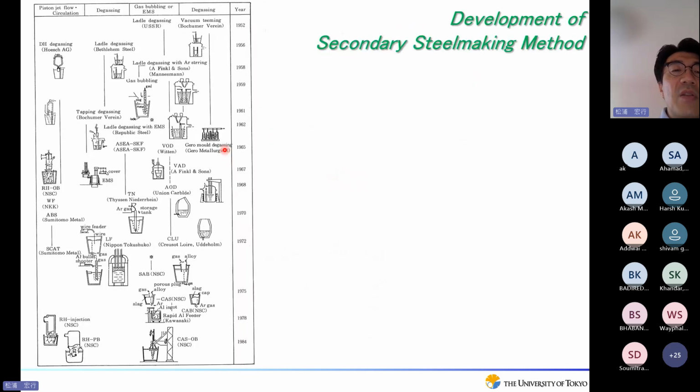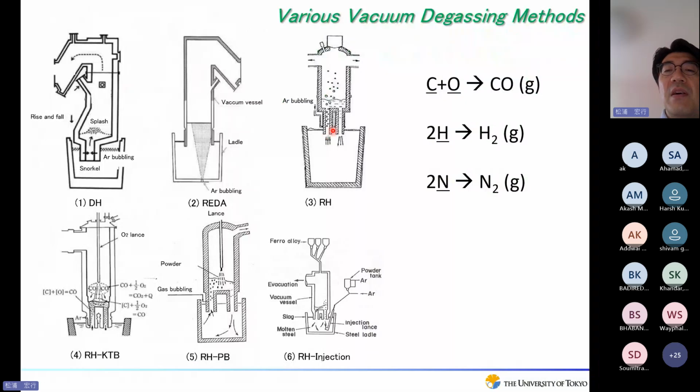We can categorize these into several types. The first one is the vacuum degassing method. A very old one was the DH, but soon after that the RH process was developed, and this is a common way nowadays to degas molten steel. In this case, the vacuum degasser is equipped with two snorkels, and using these two snorkels the intake and outflow of molten steel is made, so the circulation of molten steel happens like this.